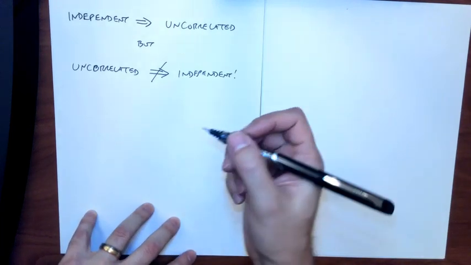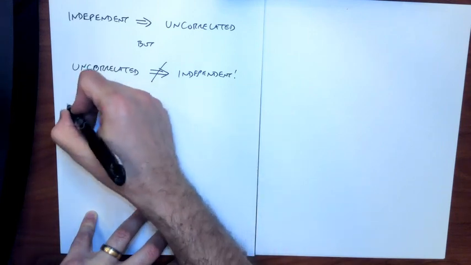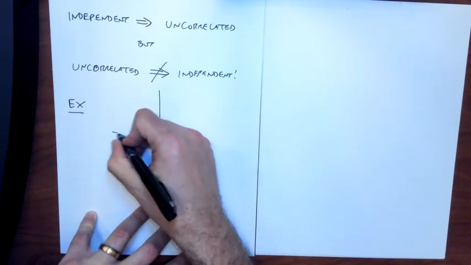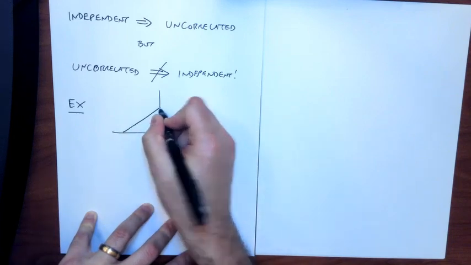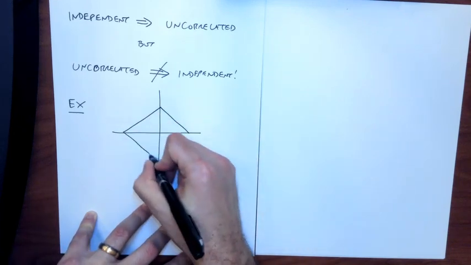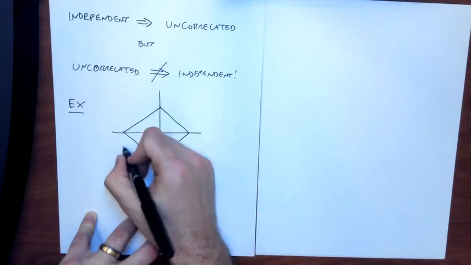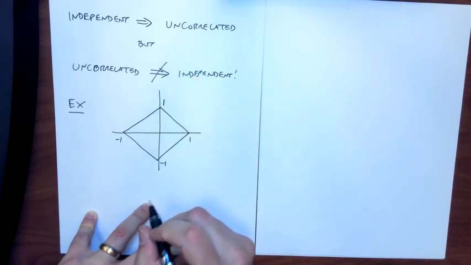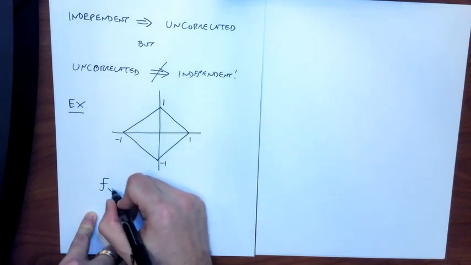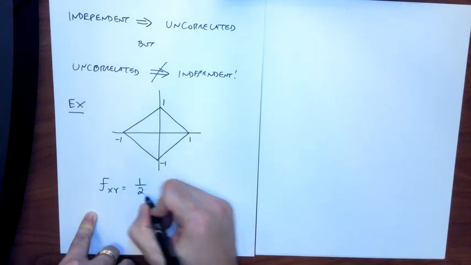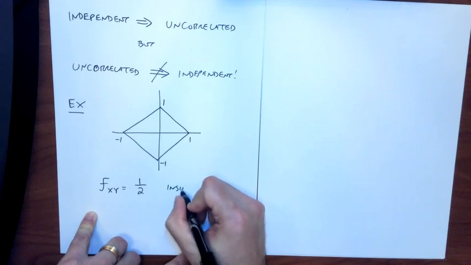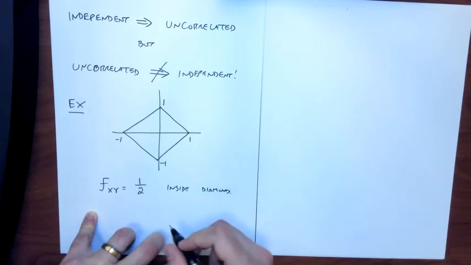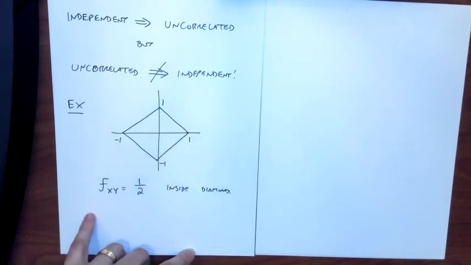So let's suppose I take this example. I'm going to have a diamond like this. This is going to be my PDF that ranges like this. And let's suppose that the joint PDF is equal to 1/2 inside this diamond, so it's like a uniform PDF on this region.